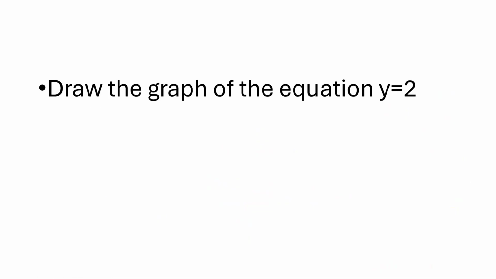All right. In this problem, we're supposed to draw the graph of the equation y equals 2. Now, when you think about the equation of a line, you are thinking of y equals mx plus b. But in this equation, we've got y equals 2. Just that.